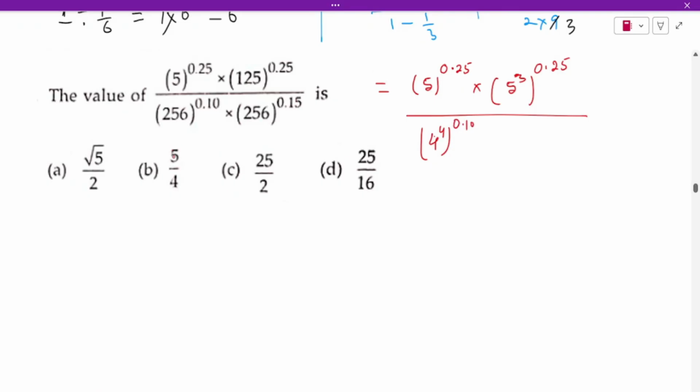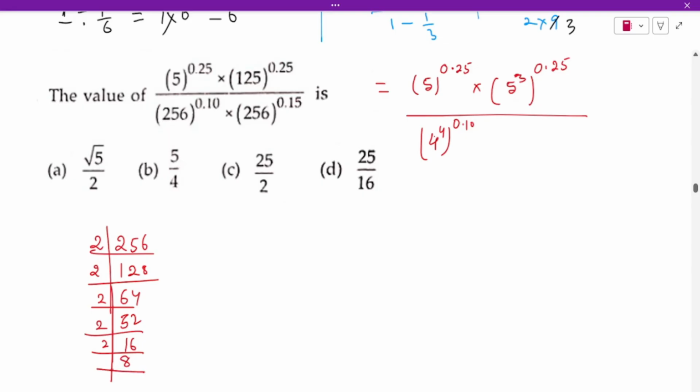If you are not remembering the values of this, then go for prime factorization. So 256 when divided by 2 gives us 128, upon further division by 2 gives us 64, then 32, and then 16, then 8, then 4, and then 2.